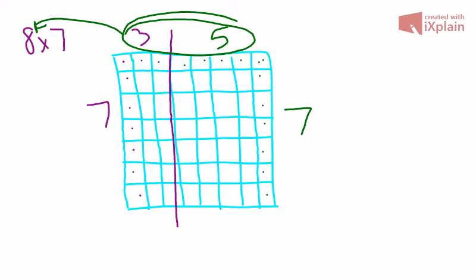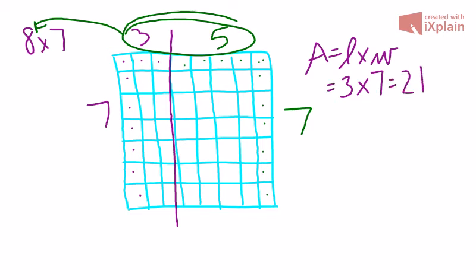Okay? Alright, so now I'm going to do my formula for the purple of 3 times 7. So remember, I have area equals length times width. Area is 3 times 7, which equals 21.